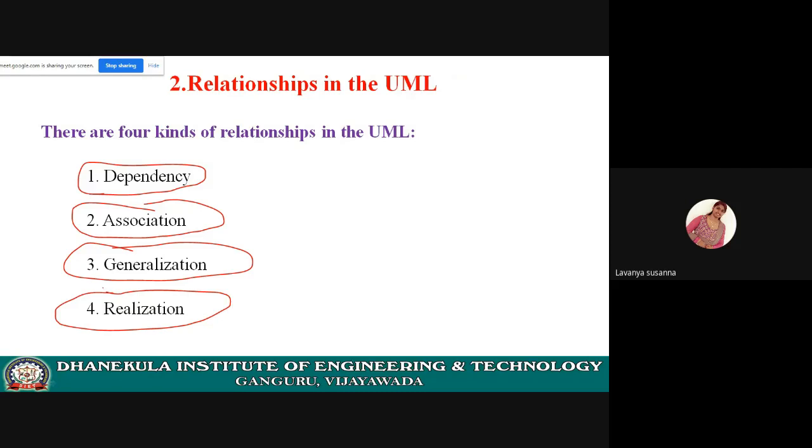Once again, see the four kinds of relationships which are used in UML: dependency, association, generalization, realization. Now let us see them. Symbols are very important. You need to memorize all these symbols.